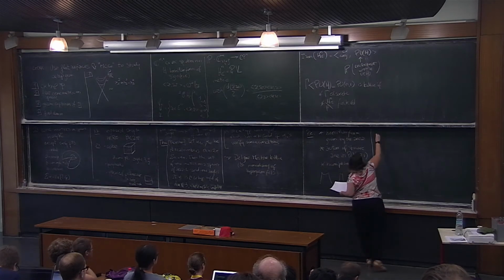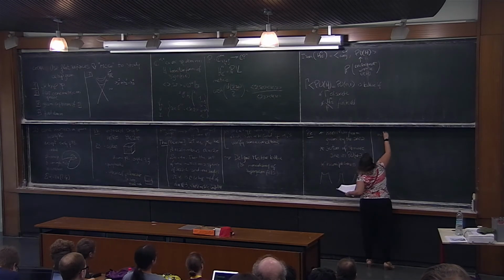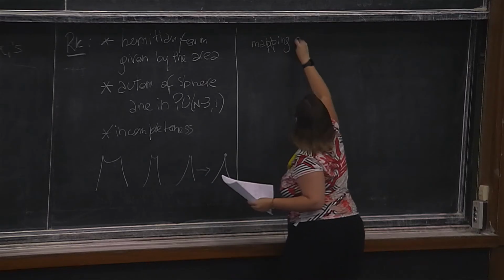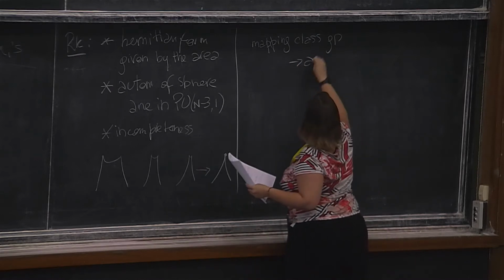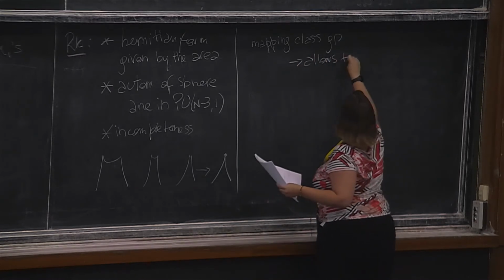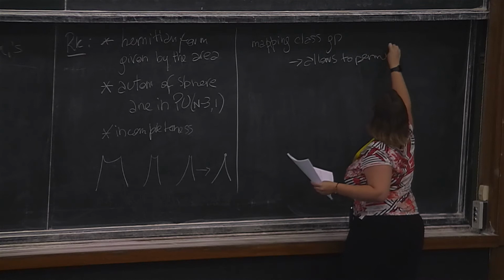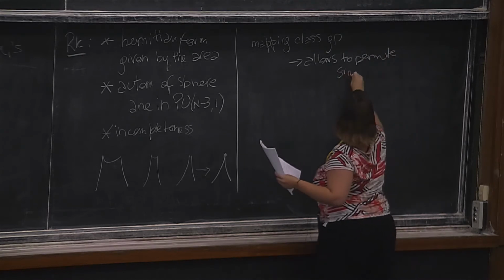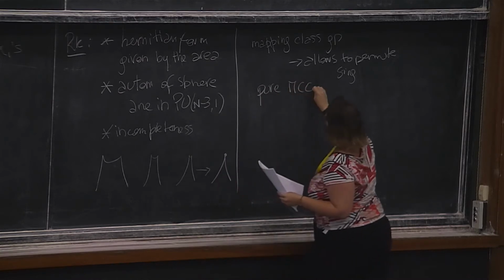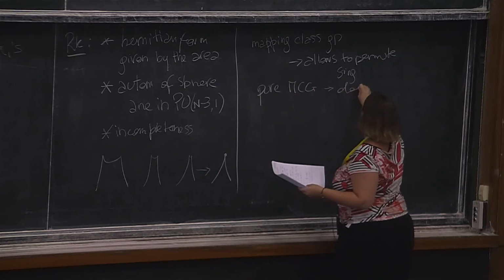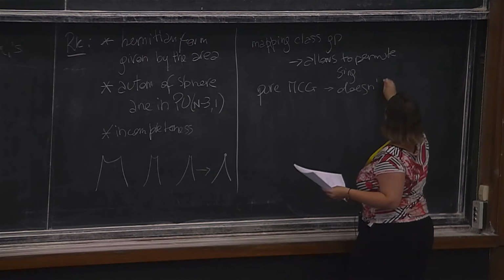So what version of the mapping class group do we use? Well, usually the mapping class group allows to permute cone points, to permute singularities. The pure mapping class group doesn't allow to permute cone singularities.